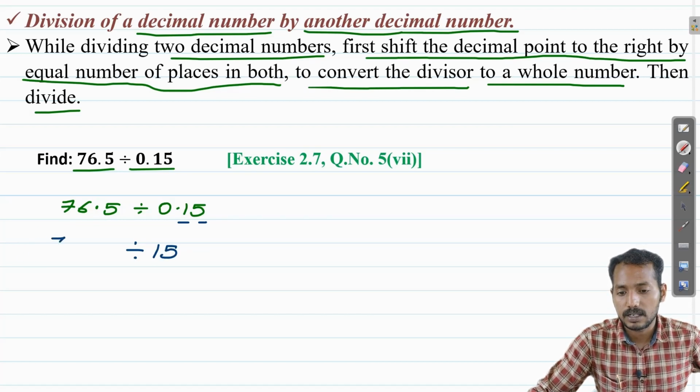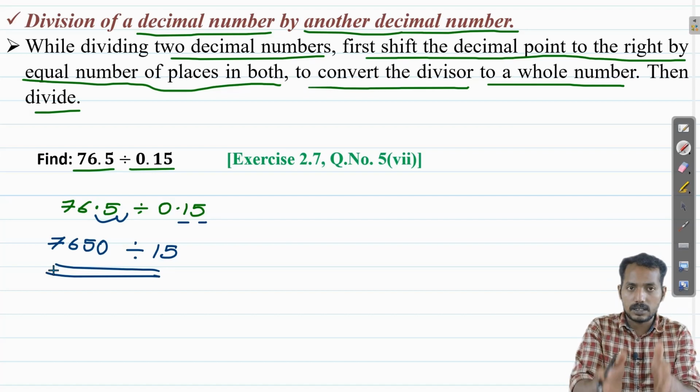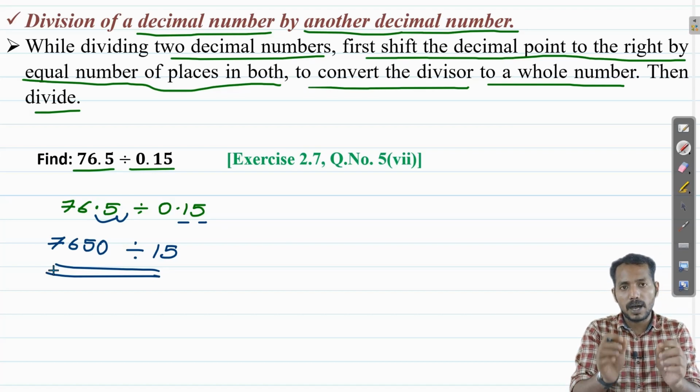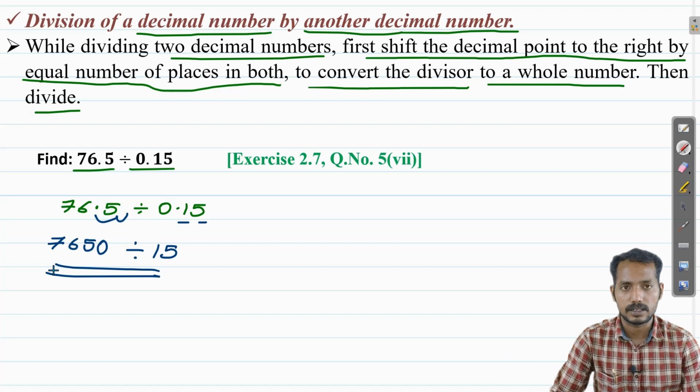So we will get 7, 6, then 5. One place we shifted and one more is needed, so put a 0 here. Very good. So first convert the divisor into a whole number by shifting the decimal point by an equal number of places in both numbers. That's all. Now divide it.